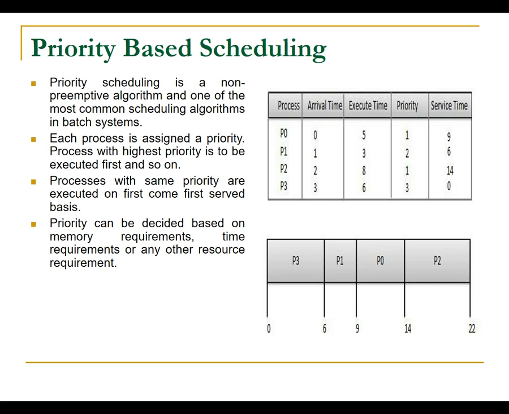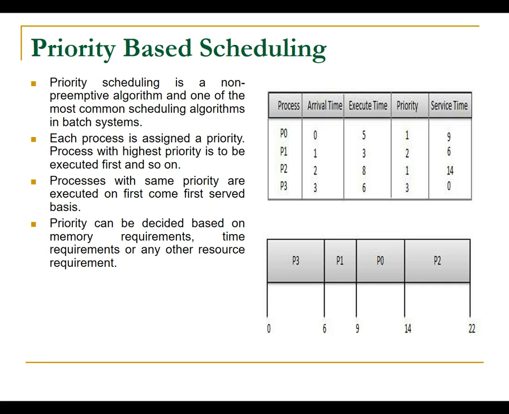The disadvantages of first come first serve and shortest job next are removed in another algorithm called the priority based scheduling algorithm. And right now in almost all operating systems, this particular concept is used, that is priority based scheduling.